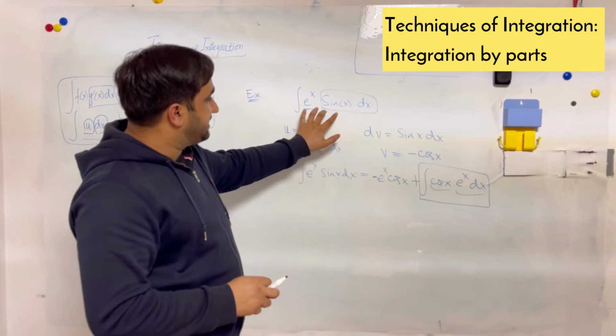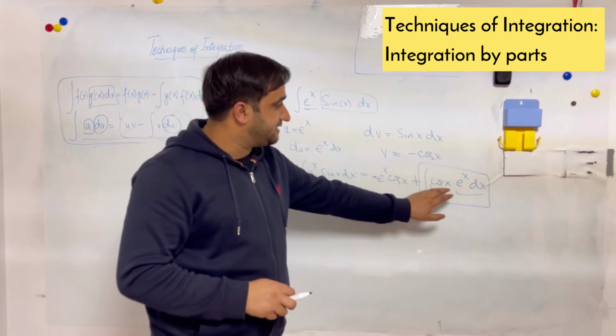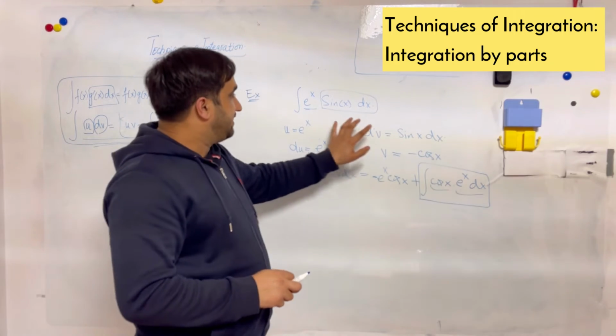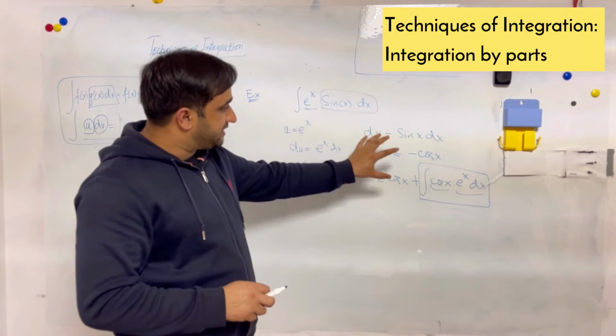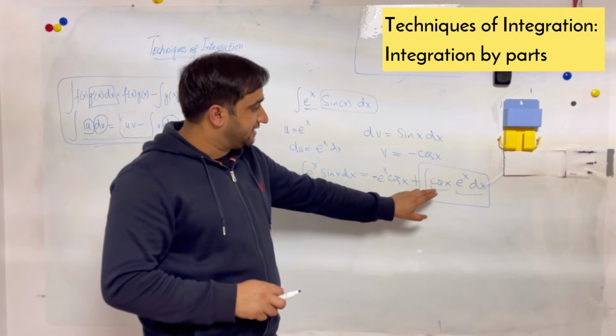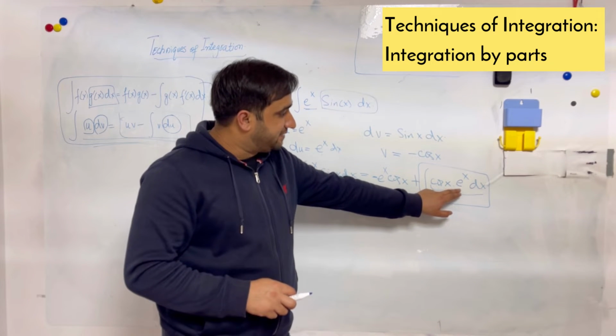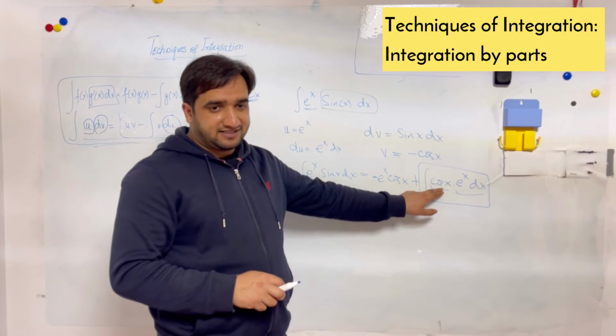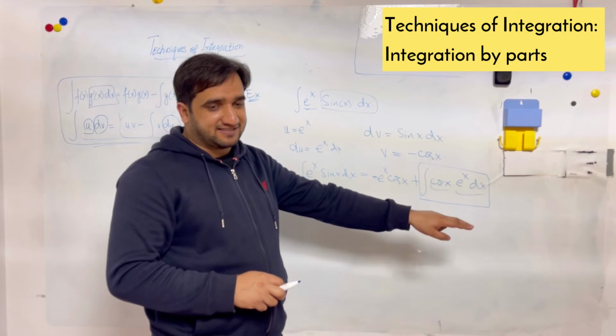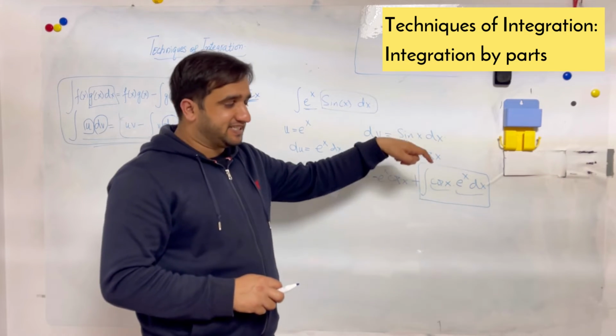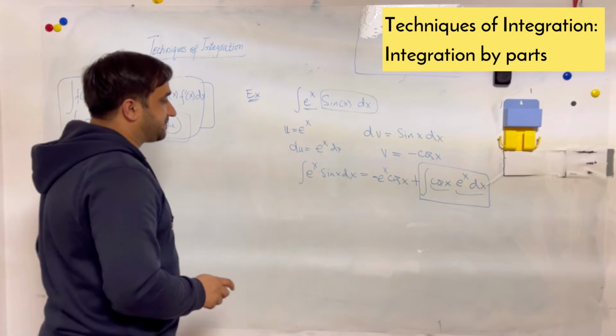Now this was e power x sine x, here it is e power x cos x. If we adopt the same procedure, in the next integral you will again get e power x sine x, and again e power x cos x if you keep repeating this. So let's see what happens.